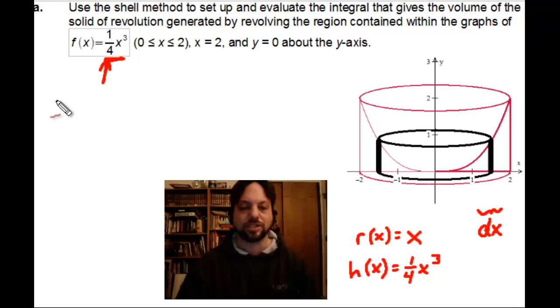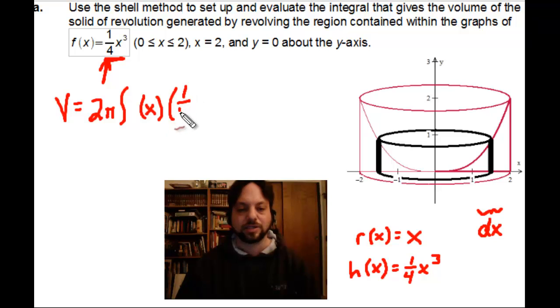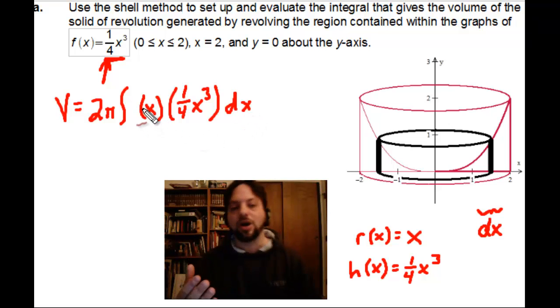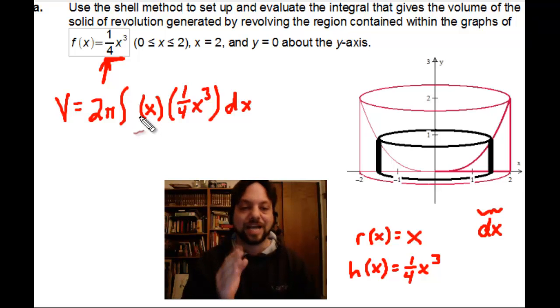And so now that we know all this great stuff, let's go ahead and set up our formula. Volume is going to be 2 times pi times the radius times the height. So I'm just going to go ahead and lay it all out here without simplification. We should include our dx because that's the width of each shell. Now, where are we starting and where are we going? Well, our lower bound is actually going to be our axis of revolution.